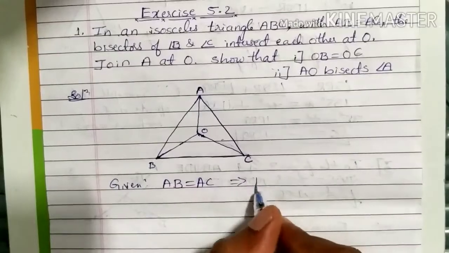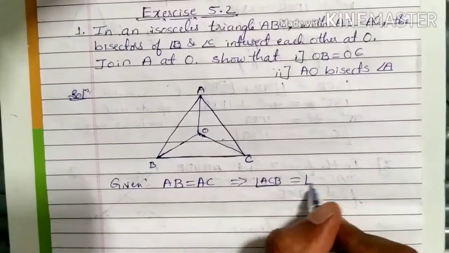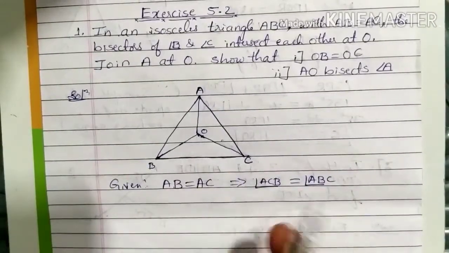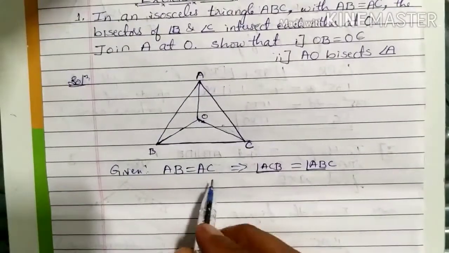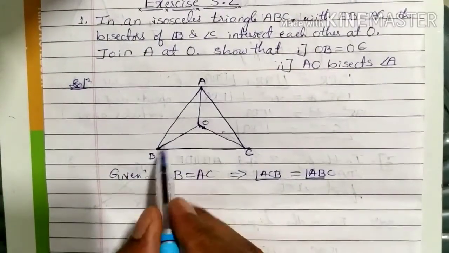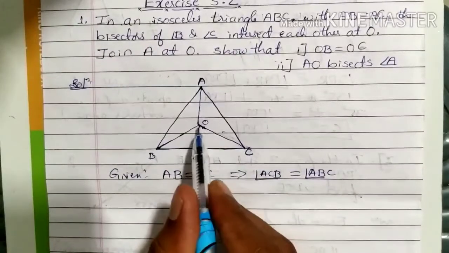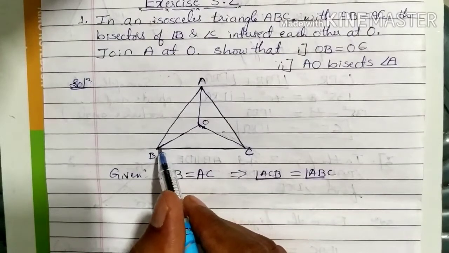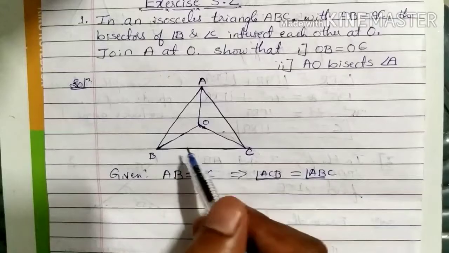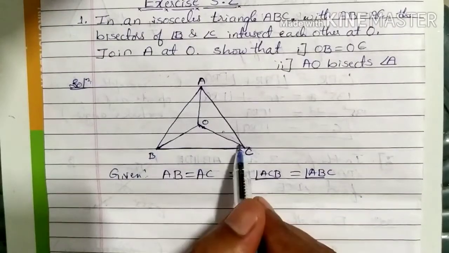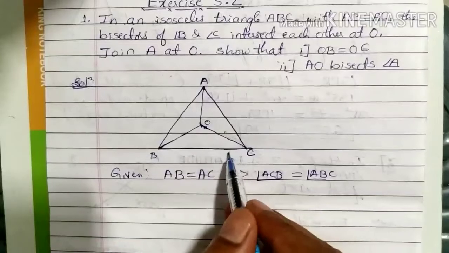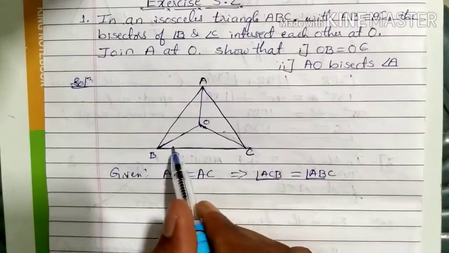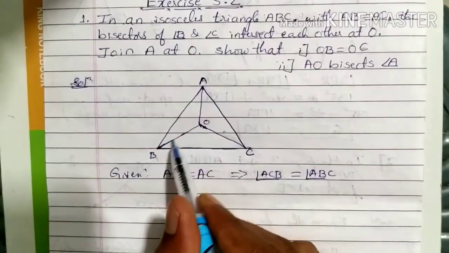Which implies angle ACB is equal to angle ABC. Since AB is equal to AC, using the theorem, angle ACB is equal to angle ABC. These two angles are equal, say 60 and 60. If OB is a bisector, then these two angles become 30 and 30. I am considering a particular example, so it is not necessarily 60 degrees.